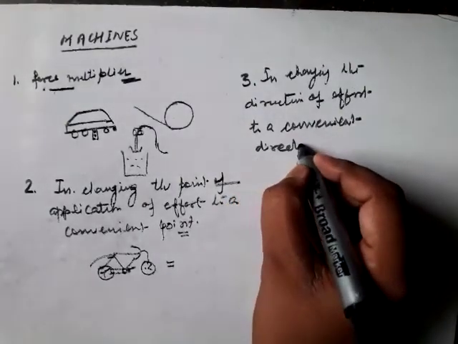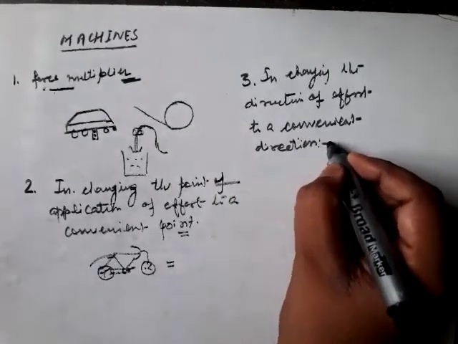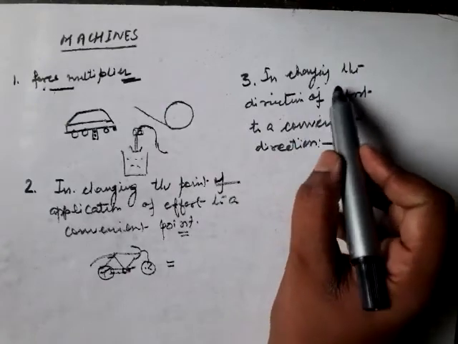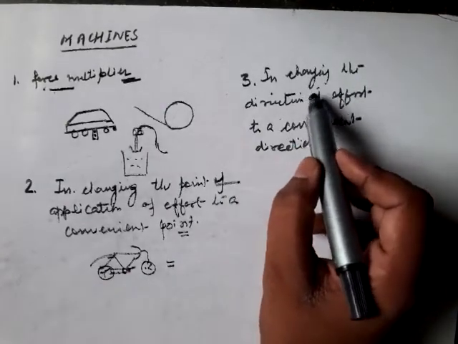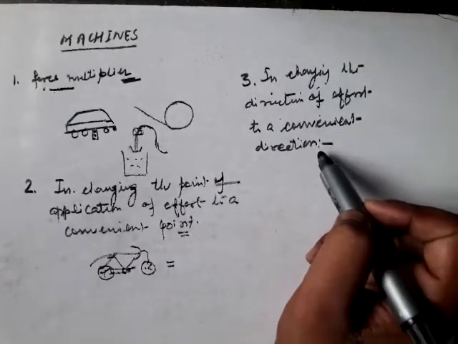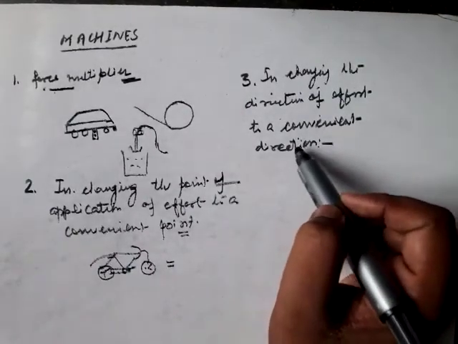How can we determine this? With the help of an example: it is also helpful in changing the direction of effort, means whatever effort we apply, it can help in changing the direction to a convenient direction wherever we want the work done on the load.